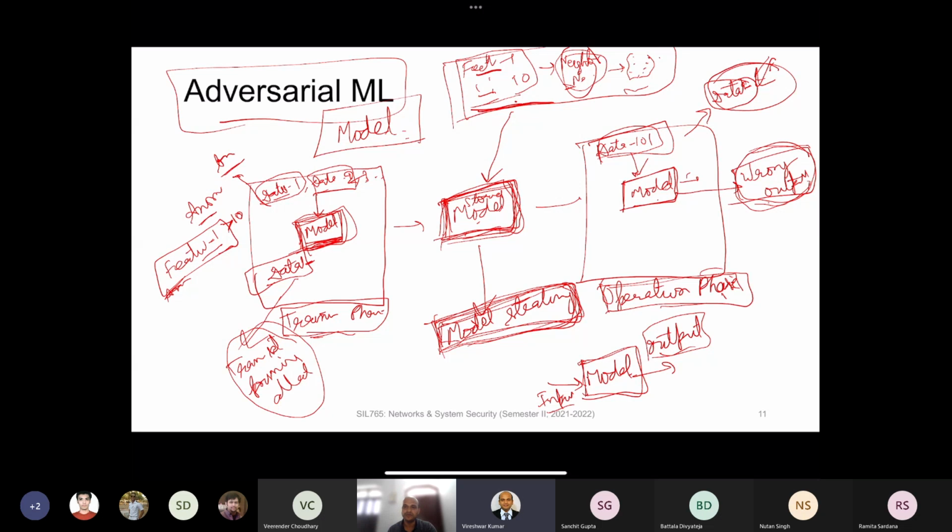In the wrong output case, the algorithm gives a wrong output. In the training set poisoning attack, the model itself learns something it should not have learned. We will talk about training set poisoning again and continue our discussion on ways to prevent these adversarial ML attacks.